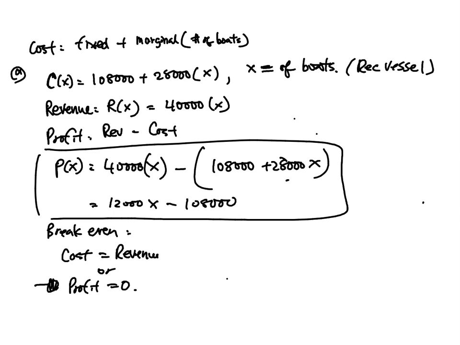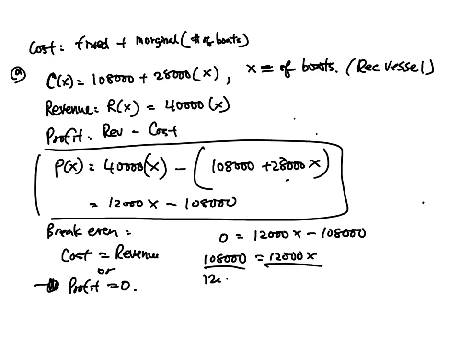Okay, so let's go ahead and do that. So I'm going to say 0 equals 12,000x minus 108,000. We're going to solve for x, and of course I can't find my calculator. So we're going to add 108,000 to both sides, and then we're going to divide both sides by 12,000.